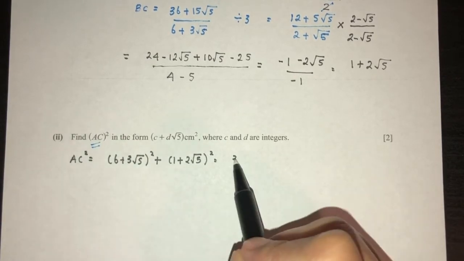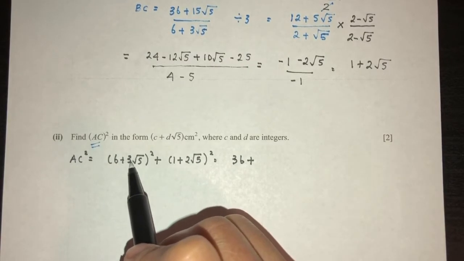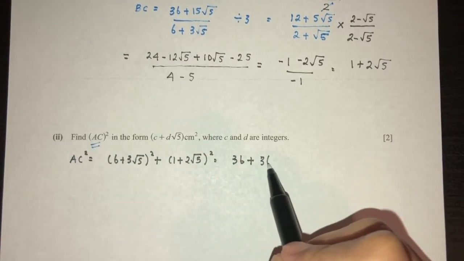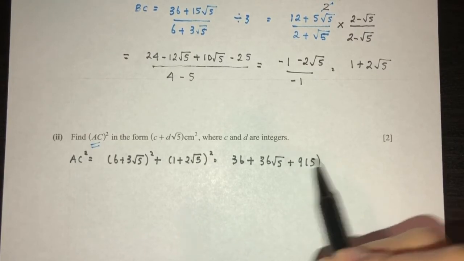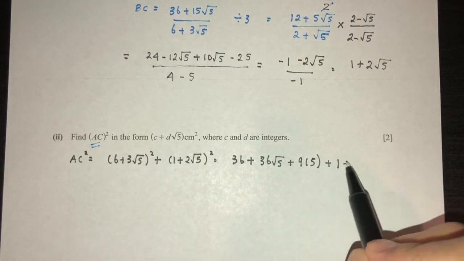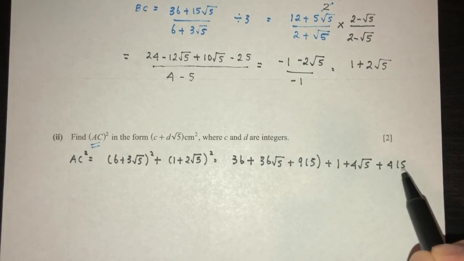The first one will be 36 plus 2 times 6 times 3, that will be 36 as well, root 5, plus 9 times 5. This one will be 1 plus 4 root 5 plus 4 times 5.